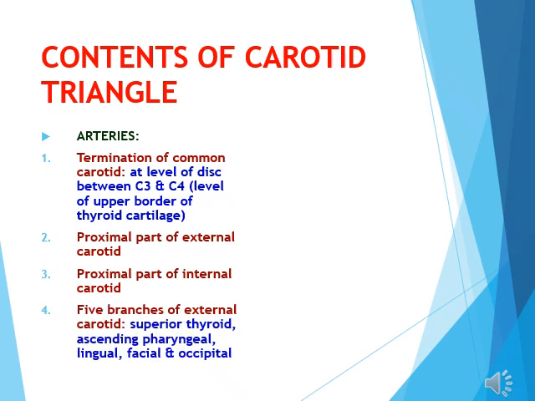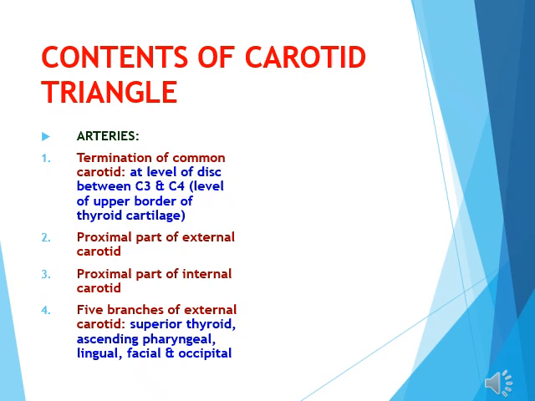Now let's dissect its arterial contents, each with distinct anatomical landmarks and branches crucial for diagnostic and interventional purposes. So we'll see what arteries are located in the carotid triangle.